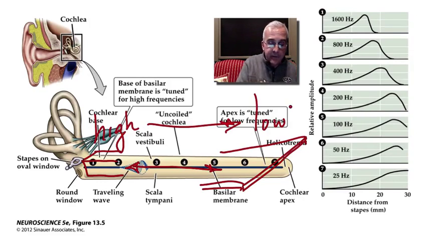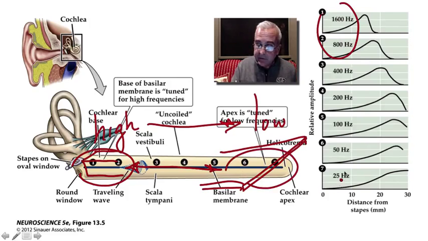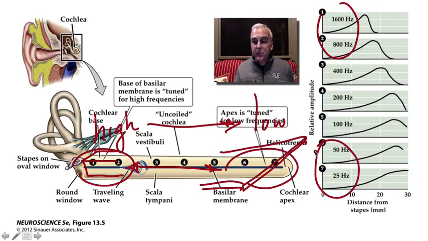So if we looked at, for example, positions 1 and 2 here near the base, we find higher frequencies that give rise to the greatest amplitude of vibration, whereas positions 6 and 7 now vibrate best with greatest amplitude with low frequencies of stimulation.